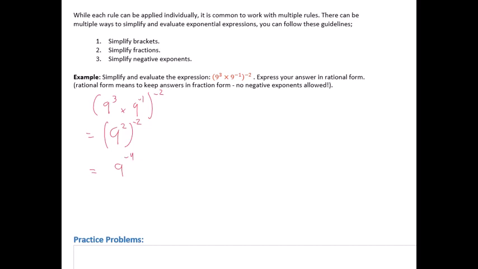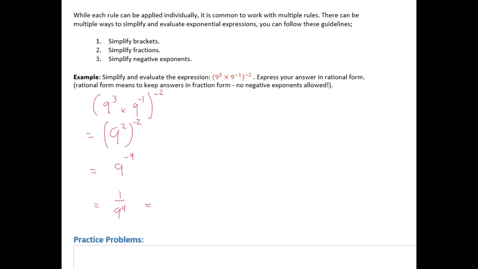And then again we have this negative exponent, and we do not like negative exponents. So we have to use the negative exponent rule. We now have 1 over 9 to the power of 4. Remember, it essentially gives you the reciprocal of your base. Now we have 1 over 9 to the power of 4, which we can then solve.